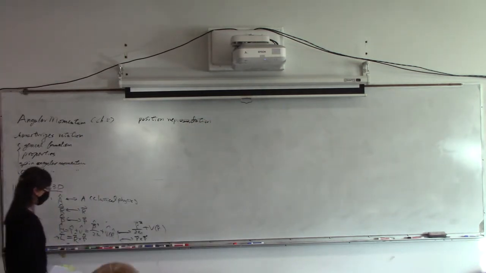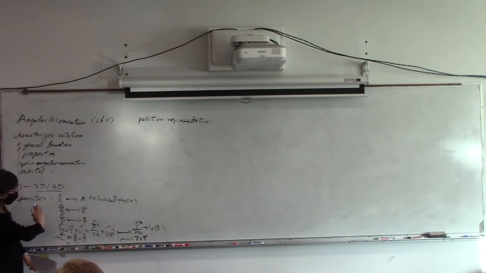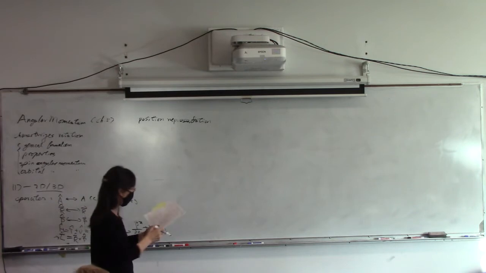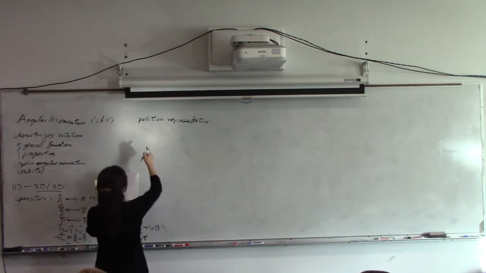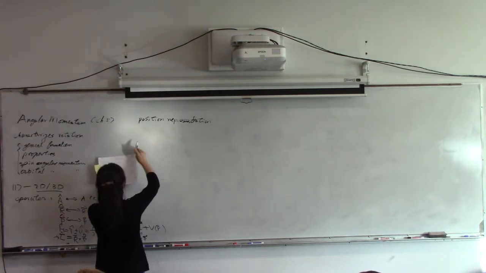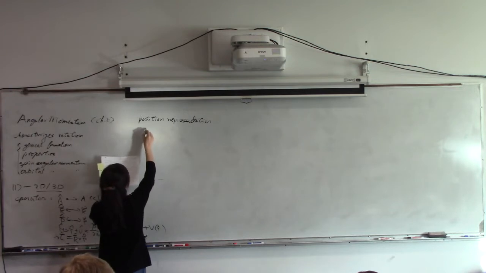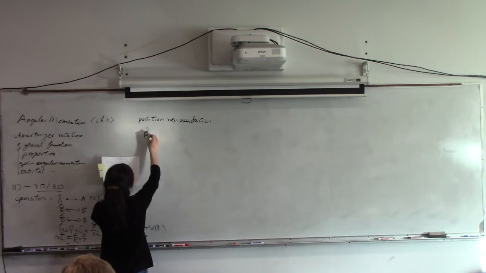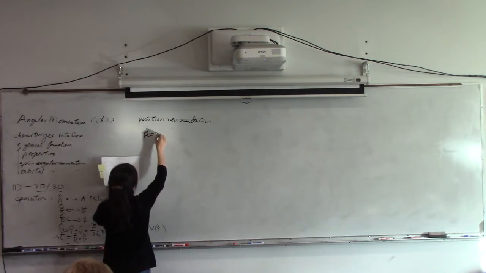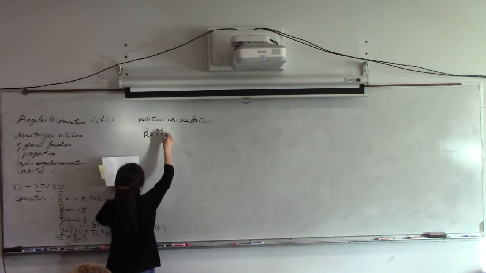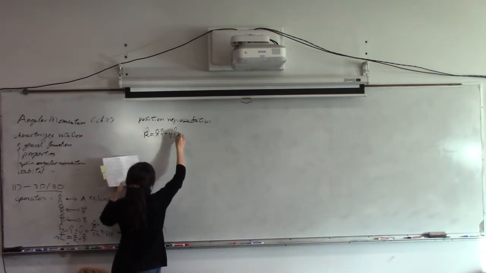We are going to represent this operator in either position or matrix representation, depending on the type of representation. So in the position representation, we know R is x i plus y j plus z k.